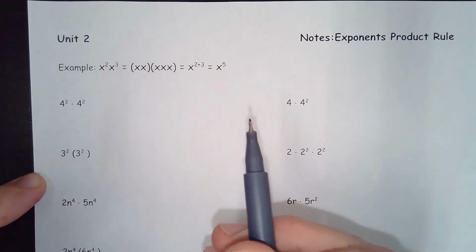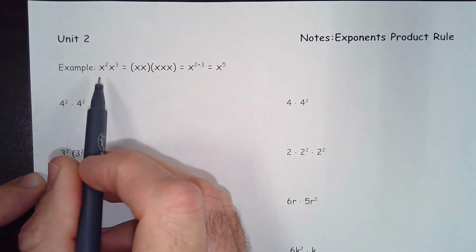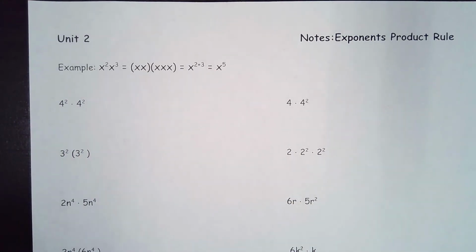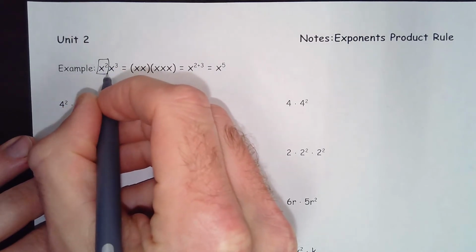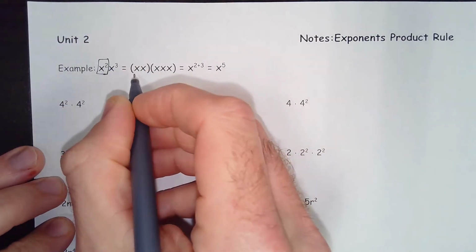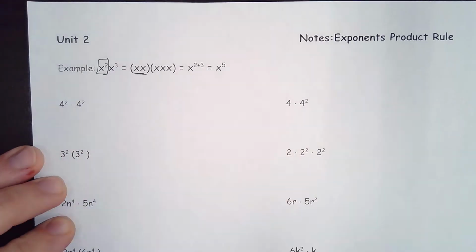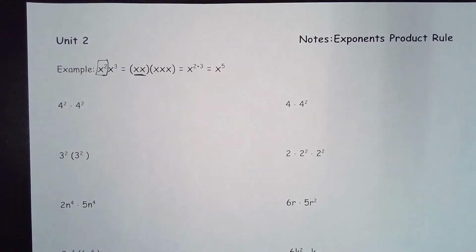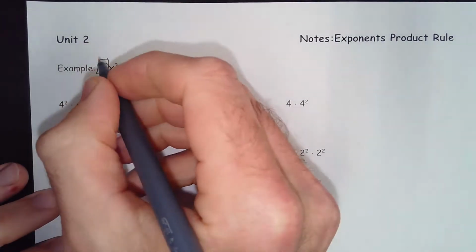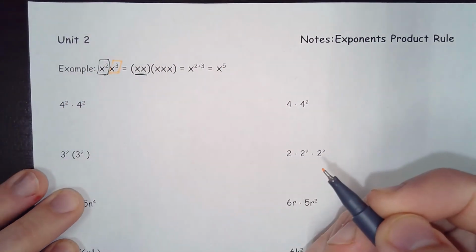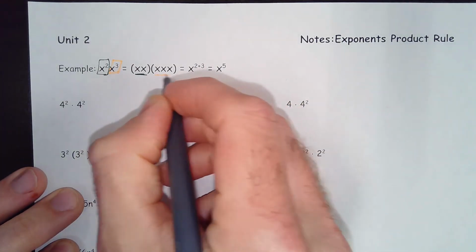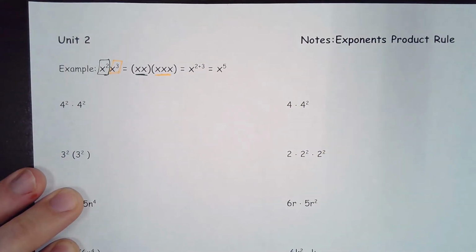The reason is, let's expand this out first. That will be the easiest way to see this. x squared expands out as x times x, and x cubed expands out as x times x times x.